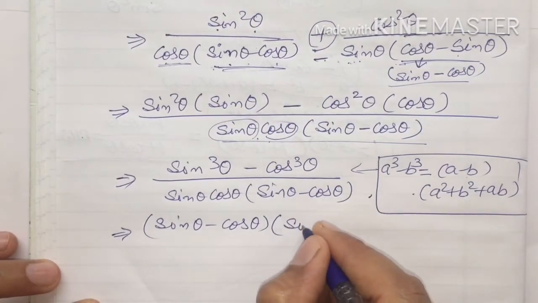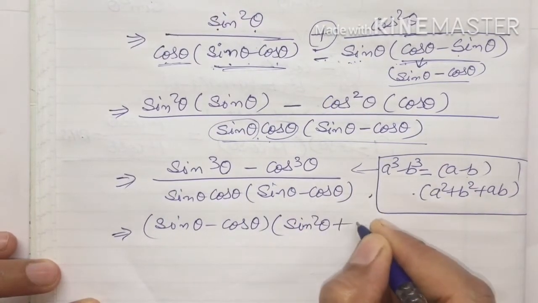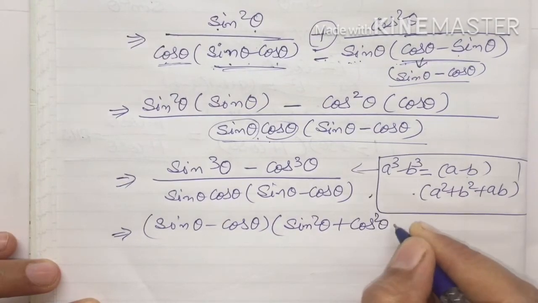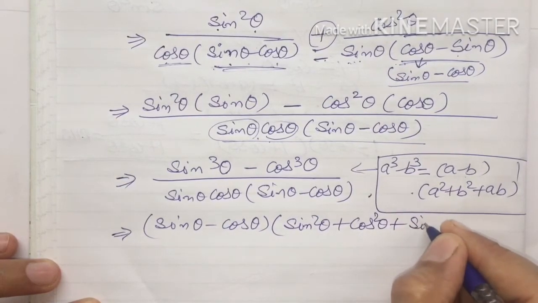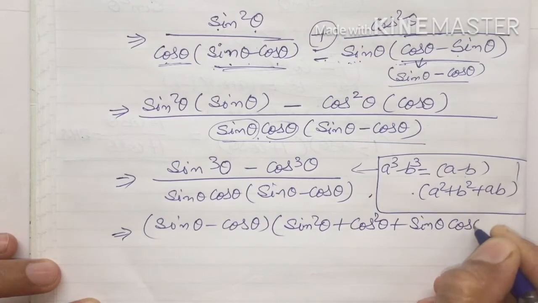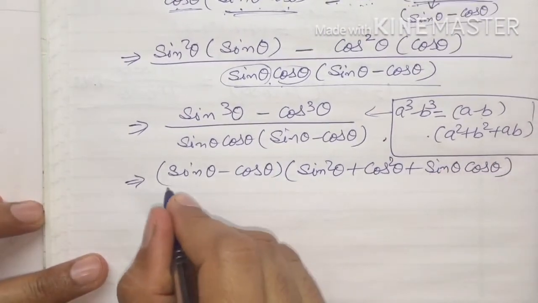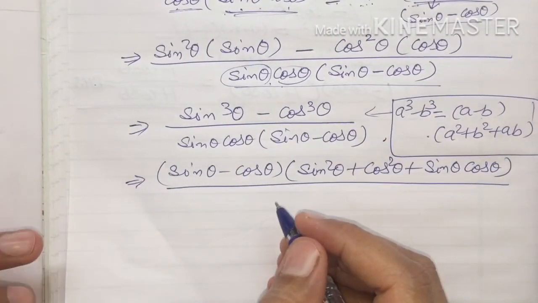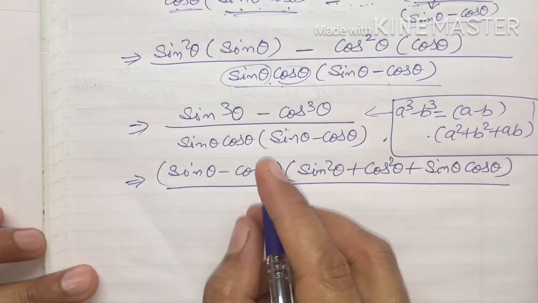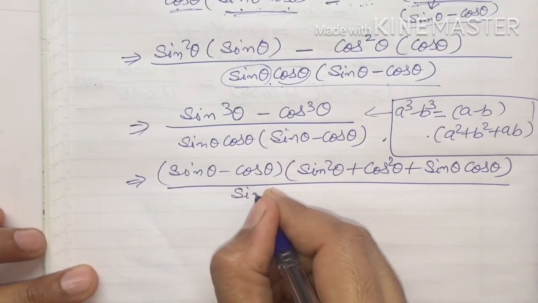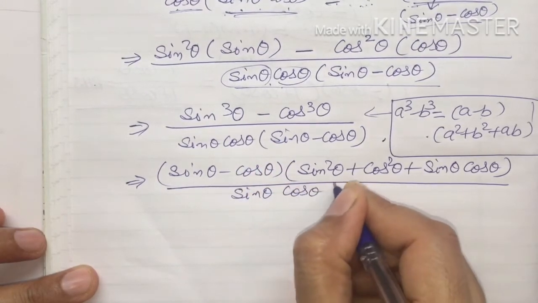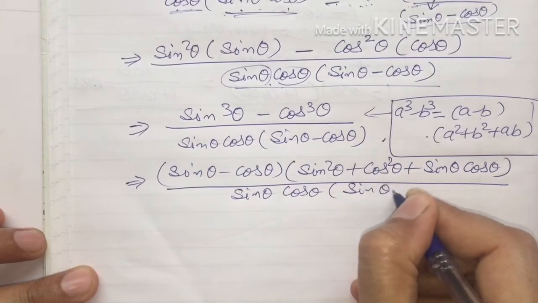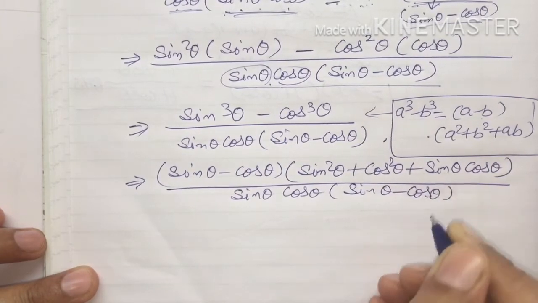A square means sine square theta, b square means cos square theta, plus ab means sine theta and cos theta in the multiplication. And in the denominator, same thing we will write, sine theta cos theta, and in the bracket sine theta minus cos theta.